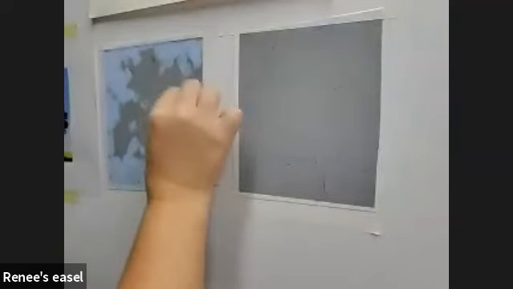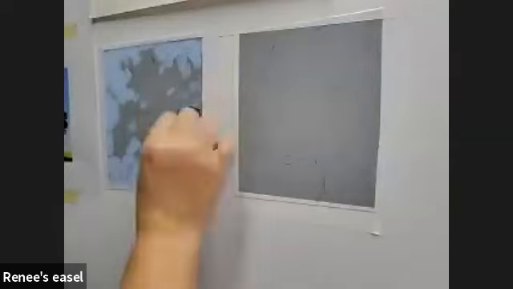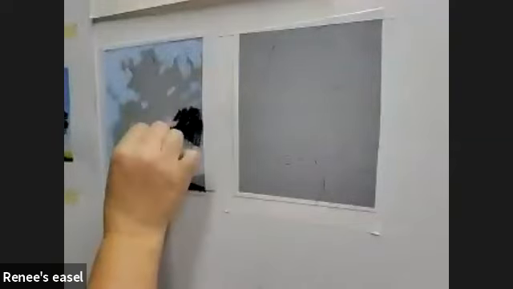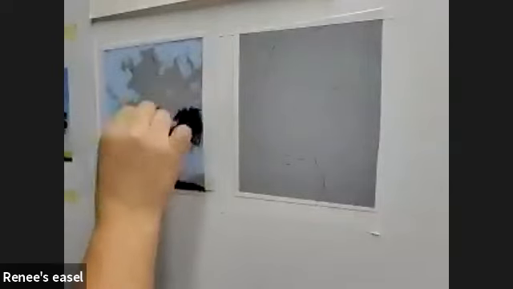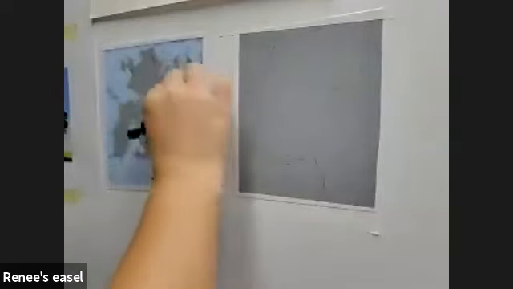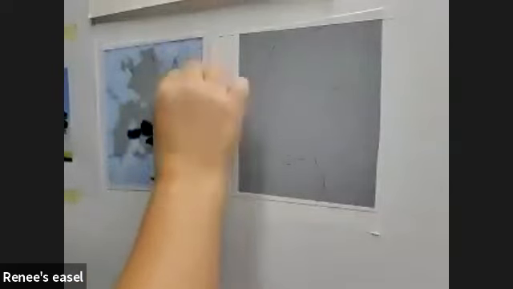And I'm just going to kind of block in, using the side of my pastel, looking back and forth between the photo reference and my thumbnail, kind of block in those shadows.